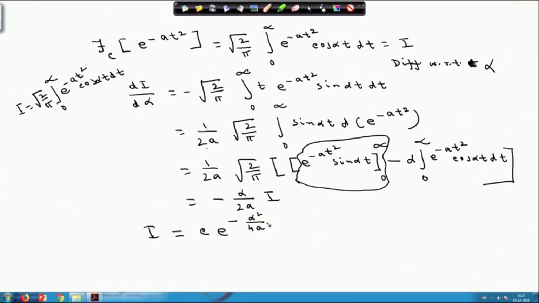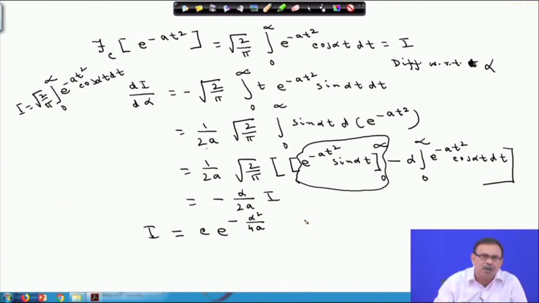Effectively, I am integrating on both sides of the given equation, and I will obtain I equals c into e power minus alpha square by 4a, where c is the constant of integration, whose value I have to find out.